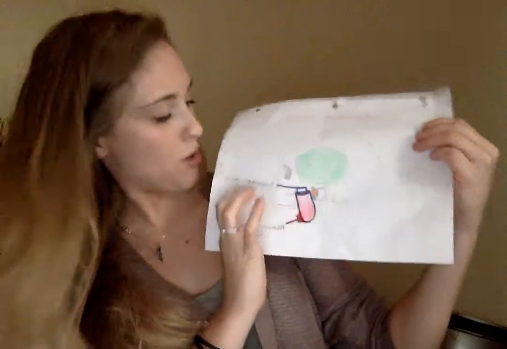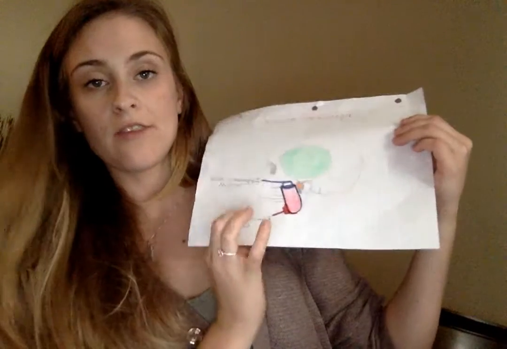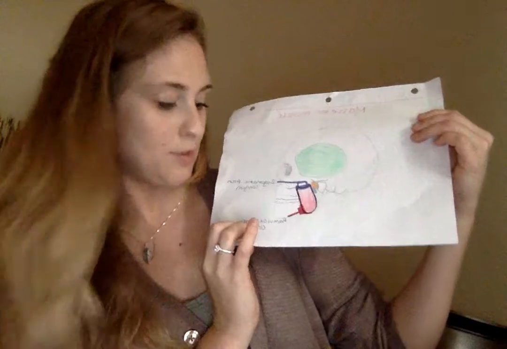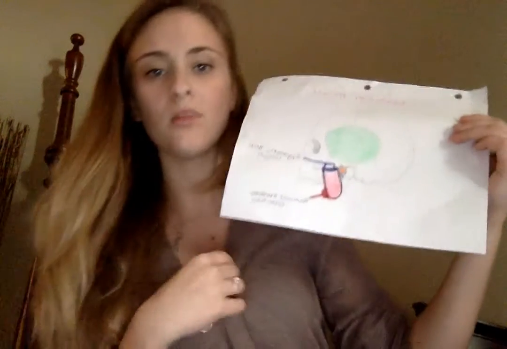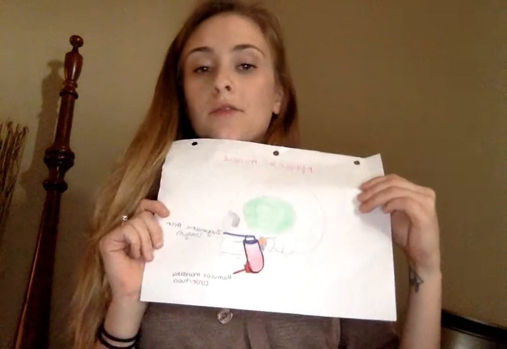So that is the origin, the zygomatic arch, and then the insertion, which is the ramus of the mandible. The action of this muscle, as you remember from the first video, we have elevation, which is moving the mandible up.